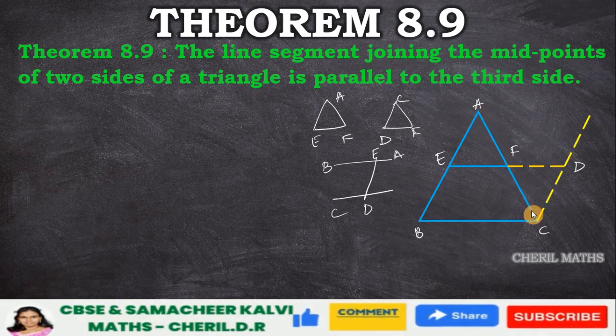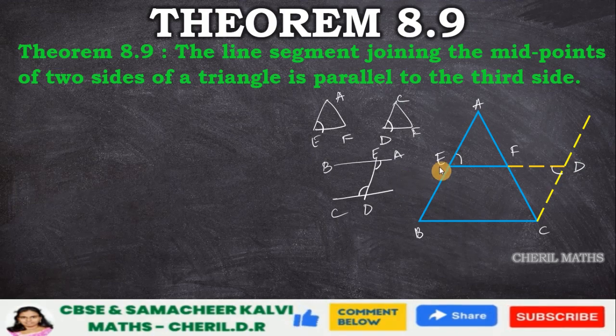So when this is a transversal for this, you can talk about this angle and this angle, isn't it? So this angle and this angle will be equal, isn't it, children? Yes, so this and this will be equal because these are alternate angles in a transversal. Here, the vertically opposite angle AEF is equal to angle CDF.